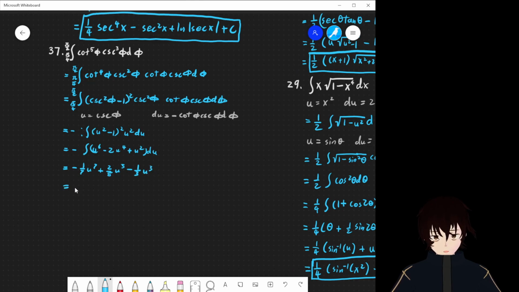Plug in for u, we get negative 1 over 7 cosecant to the power of 7 phi plus 2 over 5 cosecant to the power of 5 phi. Why does my 5 look so much like a 3? And minus 1 over 3 cosecant to the power of 3 phi plus C. And then we circle all of that.